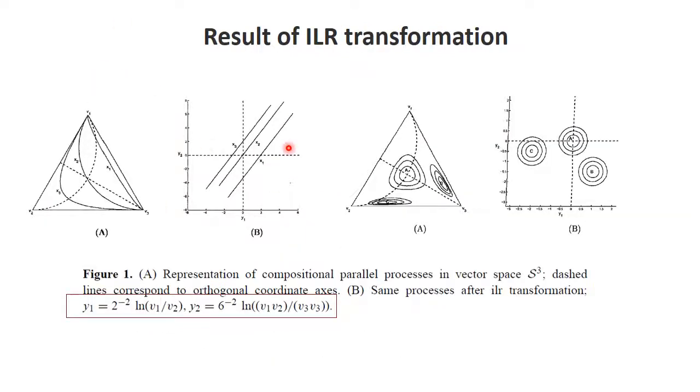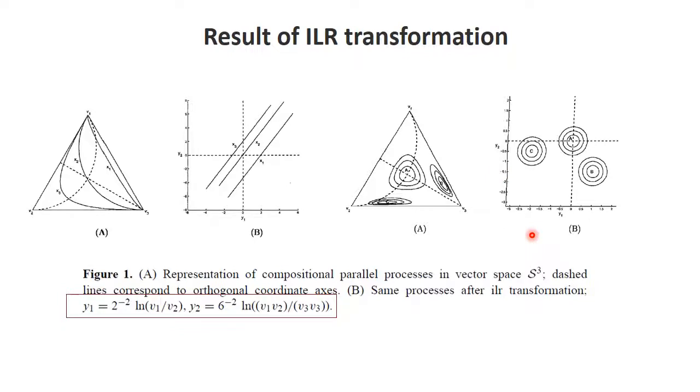A property of this log ratio is that indeed everything becomes orthogonal. Here's an example in the two-dimensional case where I have an ILR. V has basically a composition consisting of V1, V2, V3. With the previous equations, I can calculate the ILR coordinates, and that creates a new space in which things that are orthogonal are aligned orthogonally, and things that are parallel come out the same way, and that can also be described in a ternary diagram.